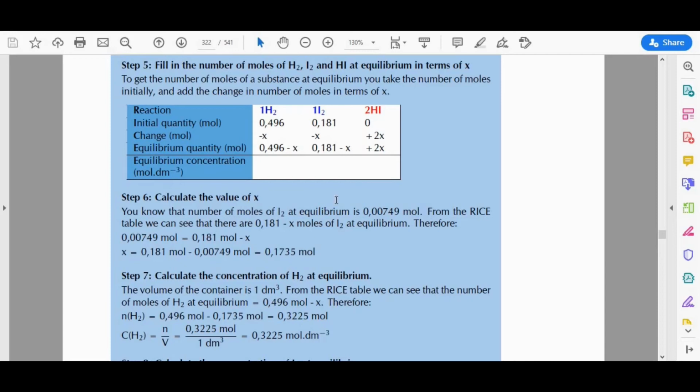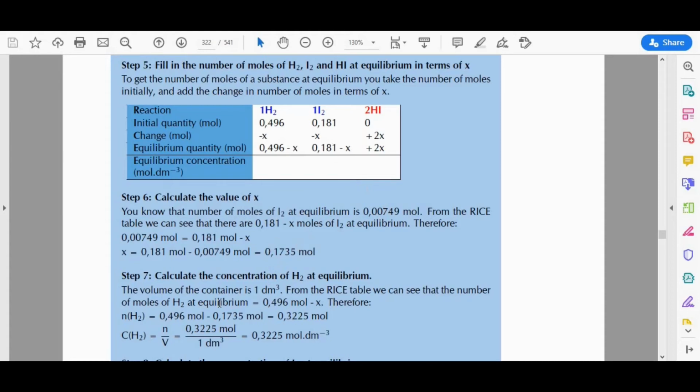Okay, so where it says negative x, you can say minus 0.1735, that can be substituted there for x. You can actually find the equilibrium mole quantity of hydrogen by taking 0.496 minus this value. You already know that that minus that must give you that value already.